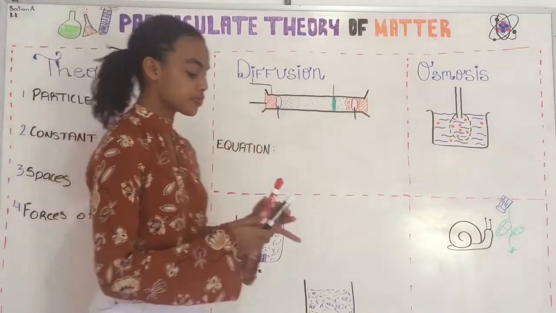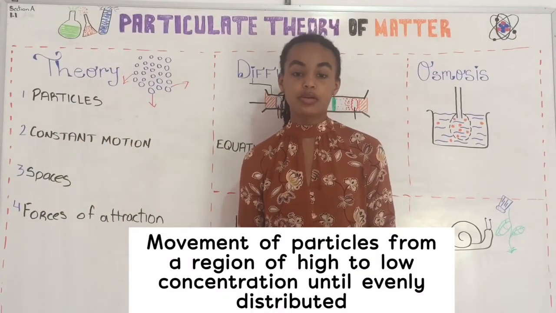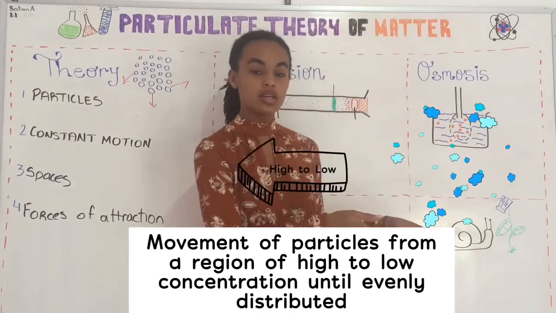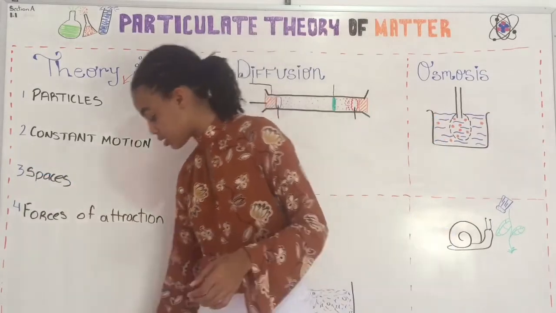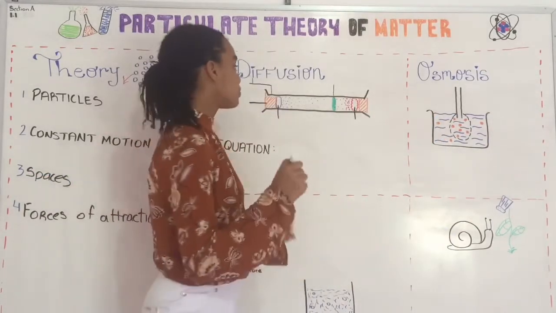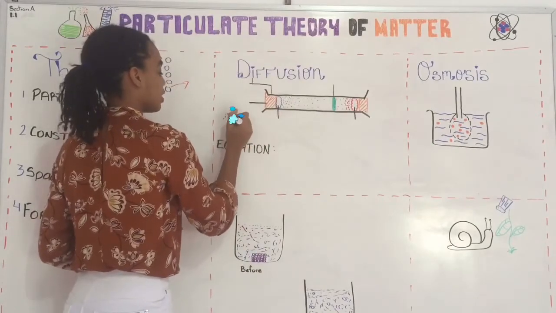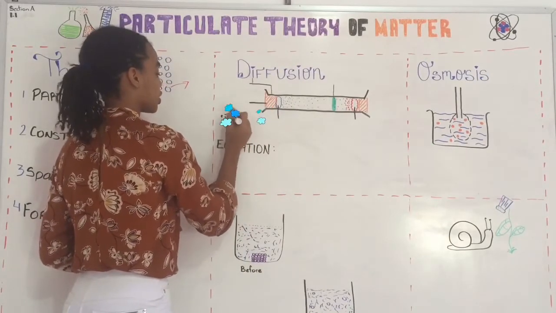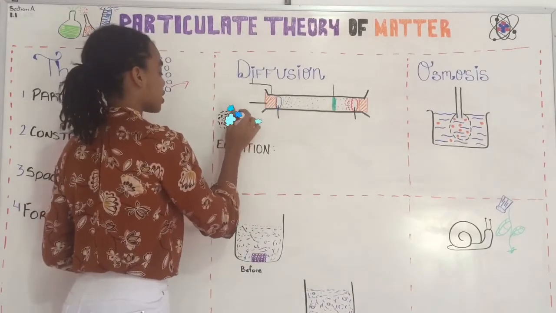This is diffusion. Now we say that diffusion is the movement of particles from a region of high concentration to a region of low concentration until evenly distributed. So let me show you here. If you have some gas and it's in high concentration here, this is the similar way that your air fresheners work.